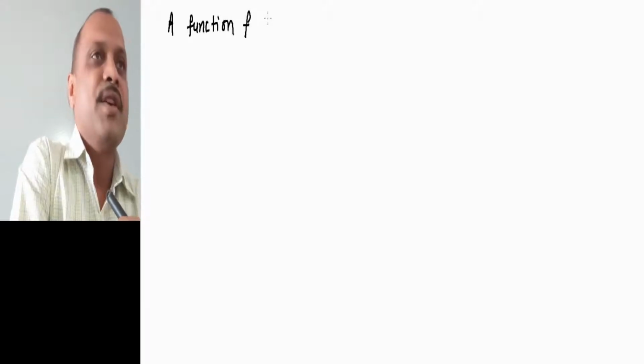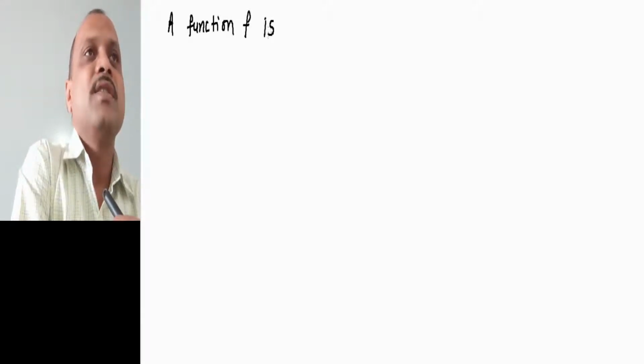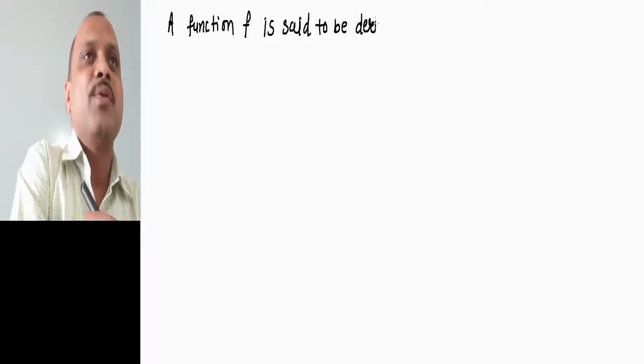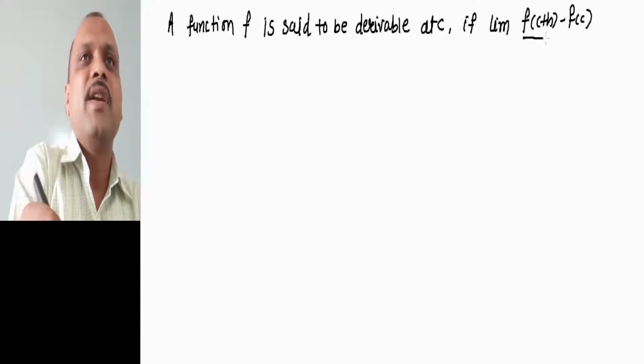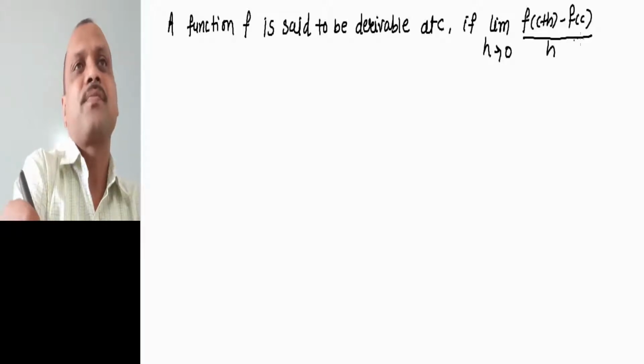It is said to be derivable at c if the limit of f of c plus h minus f of c divided by h, as h tends to 0, exists.